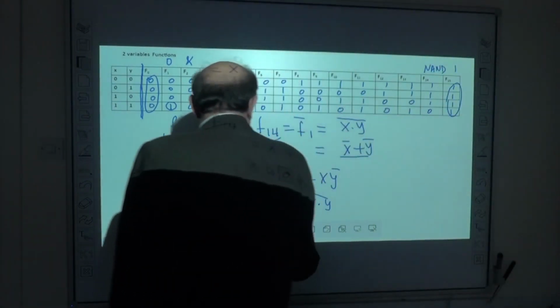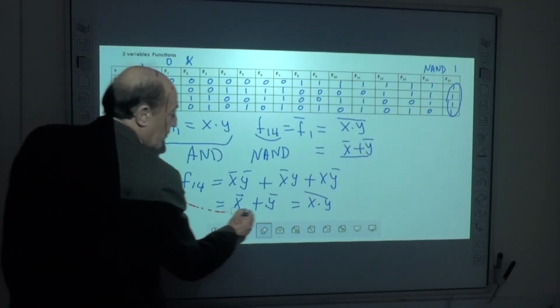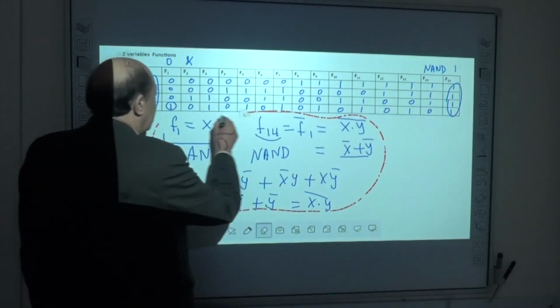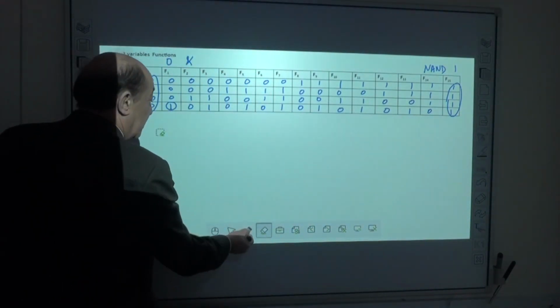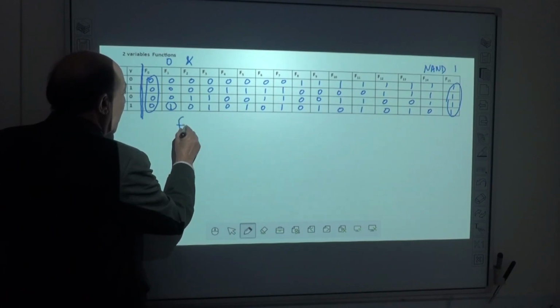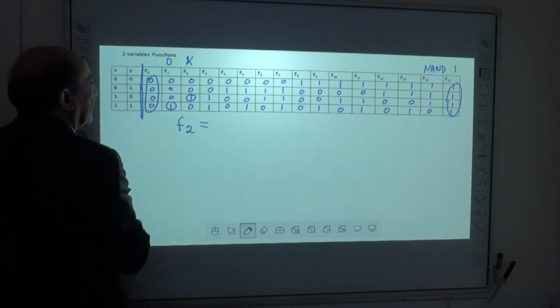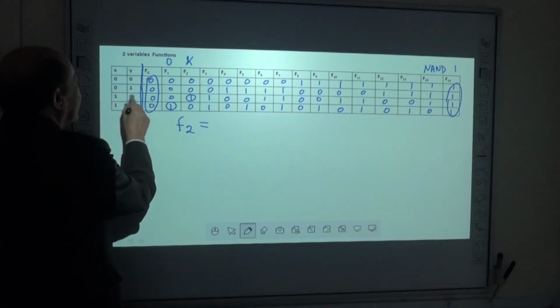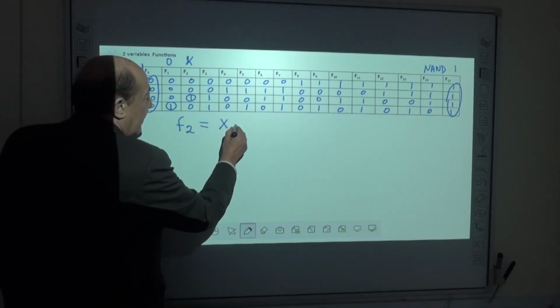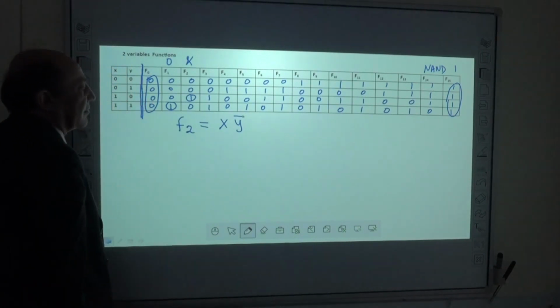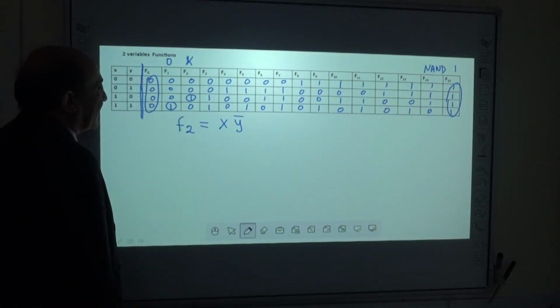Next we move to f2. f2 equals 1 here when x not y, x and not y.